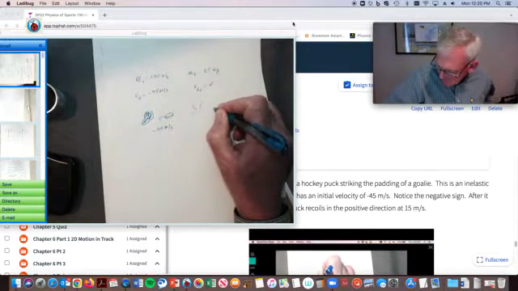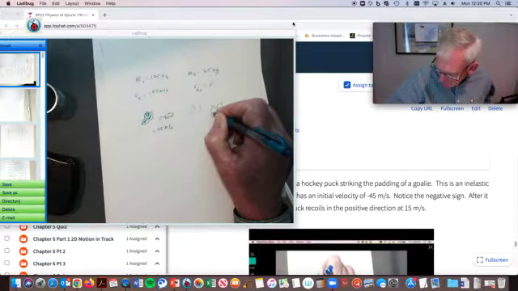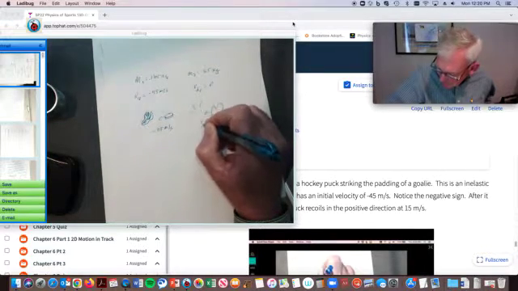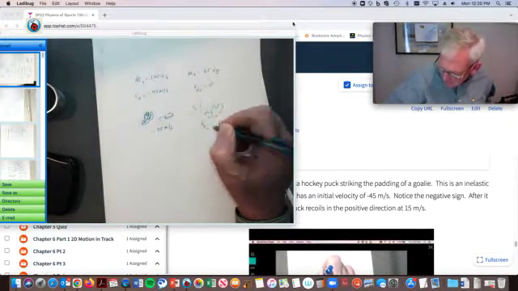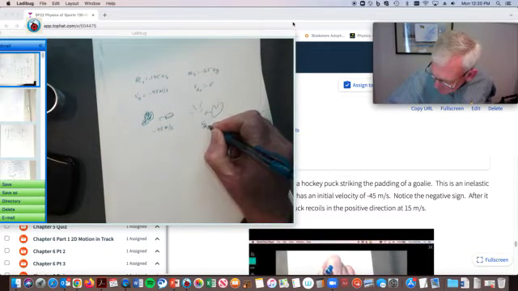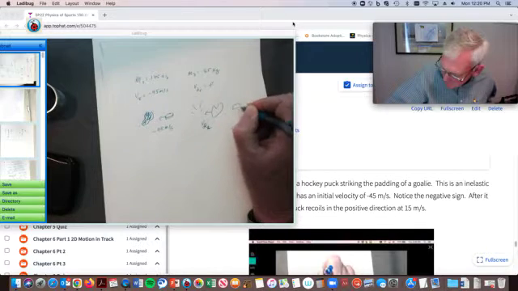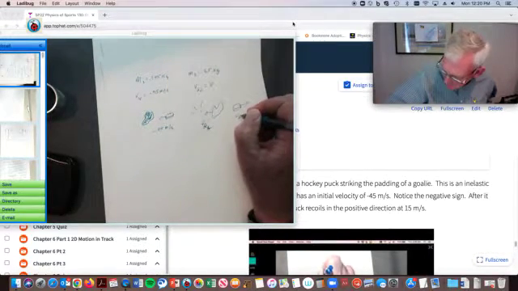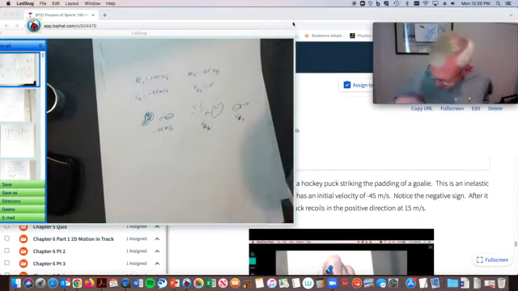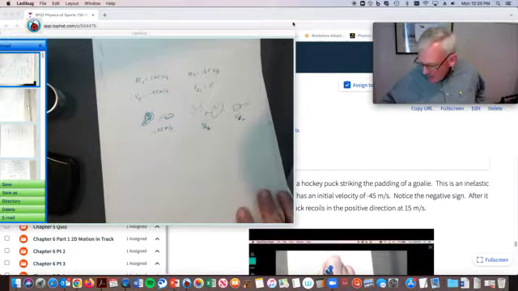The glove recoils back this way with a final velocity of V2 final, and the hockey puck is going to recoil back this way with a V1 final speed.